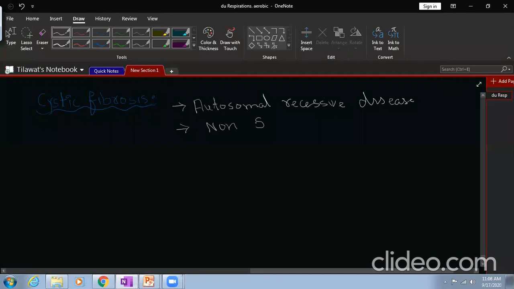Non-sex-linked means the gene that is responsible for this trait is not present on the sex chromosomes, X and Y. Non-sex-linked recessive.